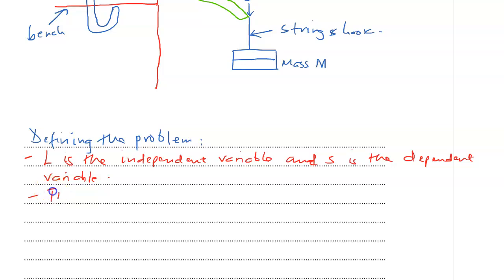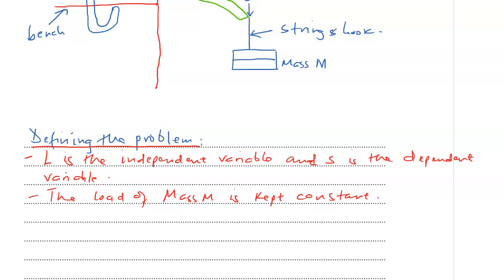Then the load of mass M is kept constant, or is the variable that you're going to control is kept constant. That's all for defining the problem.